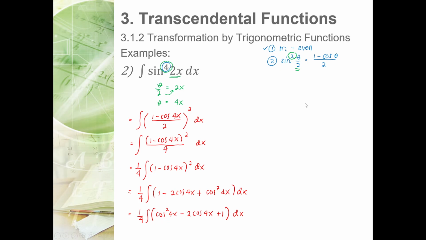So again, we go back to the upper right. We can now say that we have the process of the second case. So n is even again. Then we need to replace cosine squared theta over 2 with 1 plus cosine theta all over 2.